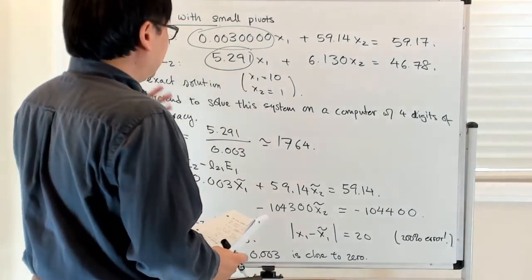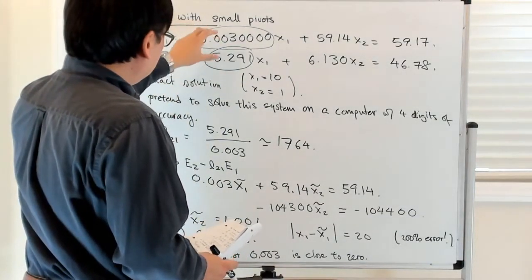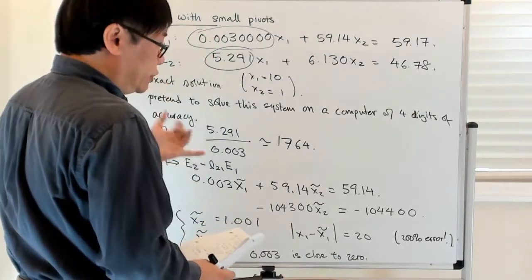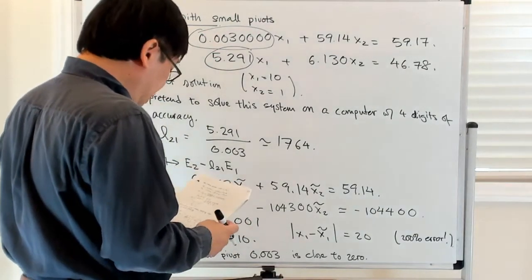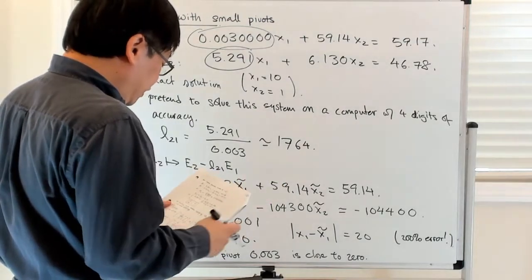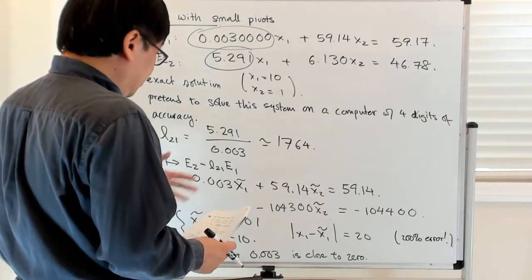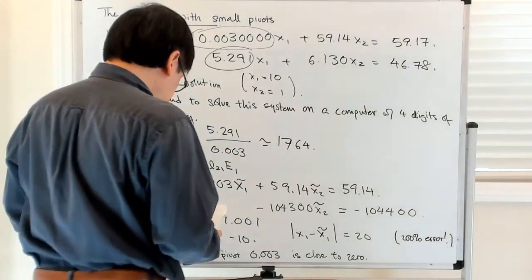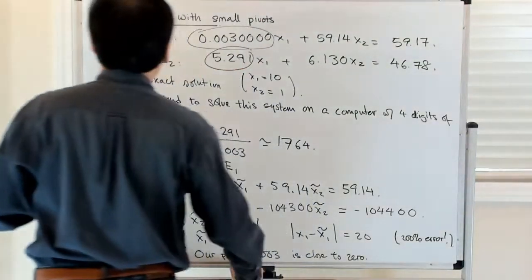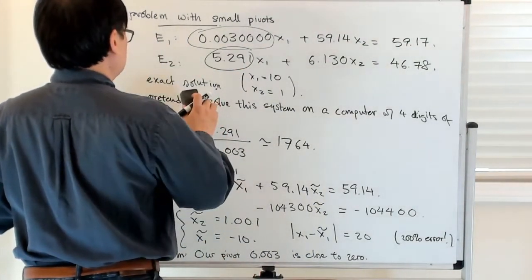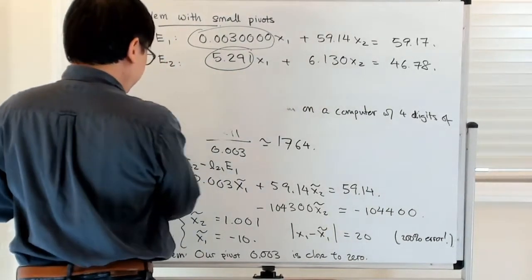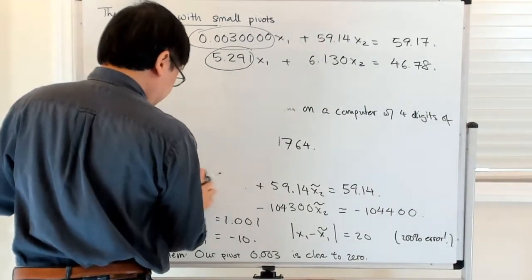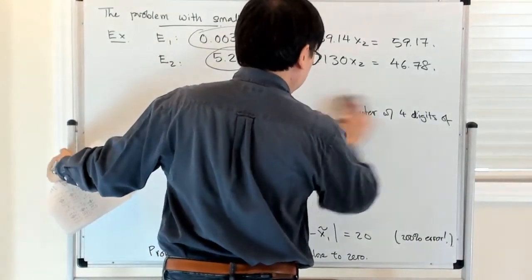So let's now look at the same problem, but now I'm going to switch equation 1 and equation 2. In principle, nothing should happen, but you'll see that you'll get a very different numerical answer when you do that. I'm just going to do the same thing as before, but now I'm going to switch equations 1 and 2.